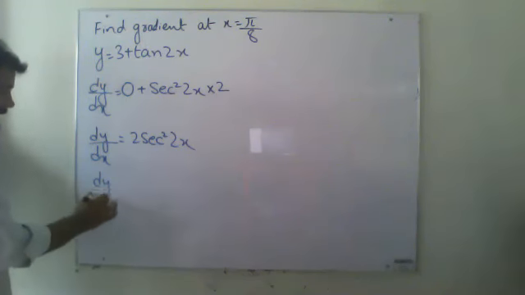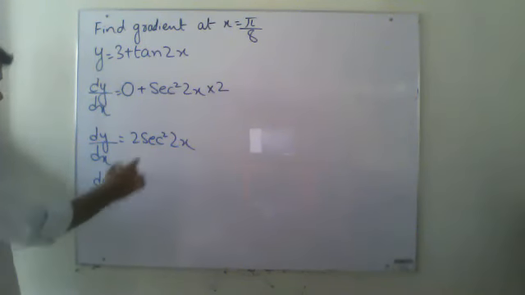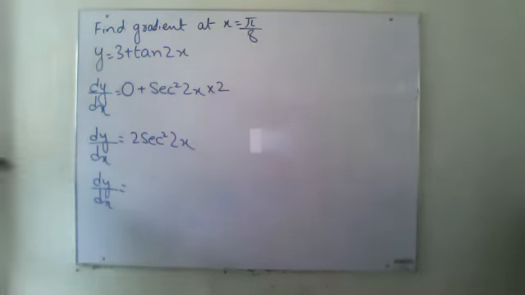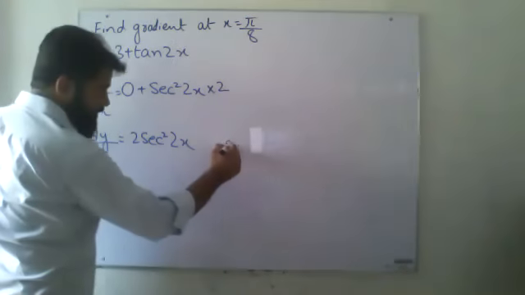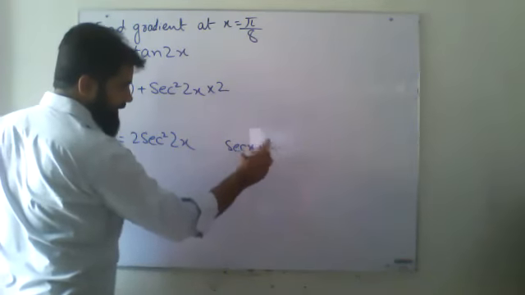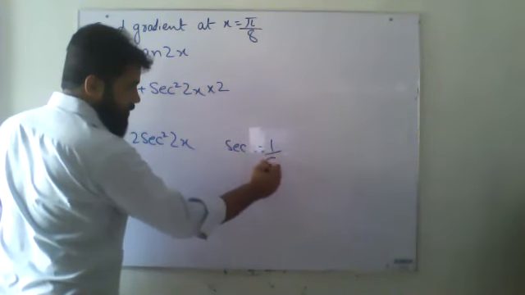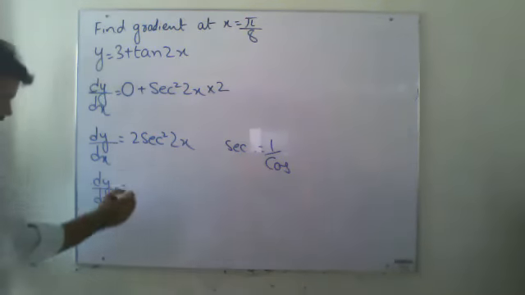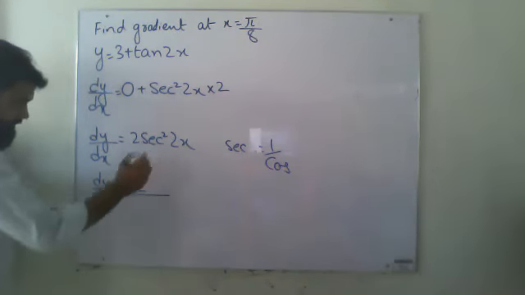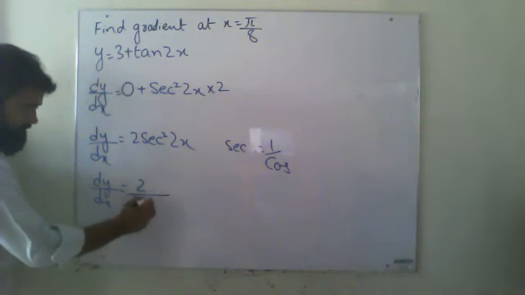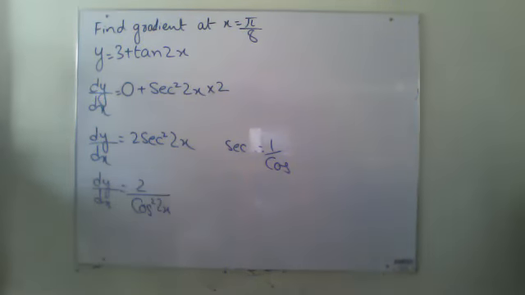I can't put this value in the calculator directly, so I know that sec is basically equal to 1 over cos. So this will be written as 2 over cos square 2x.